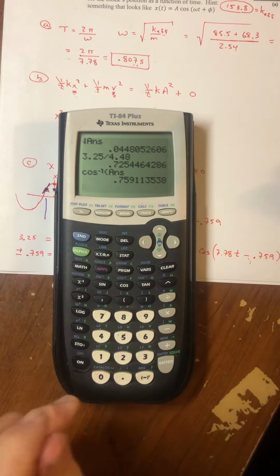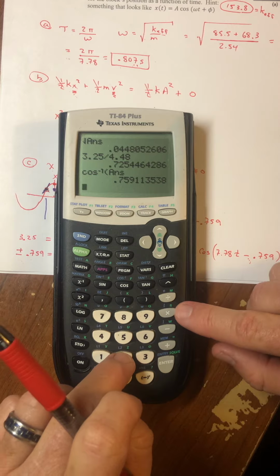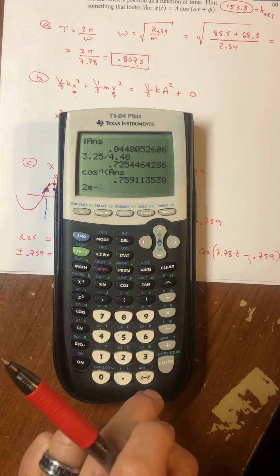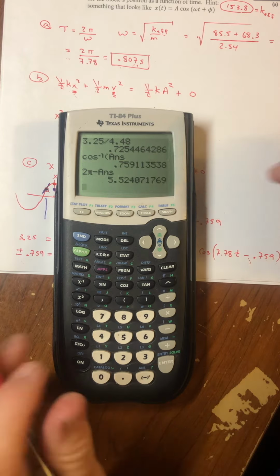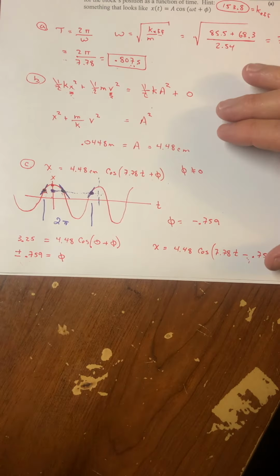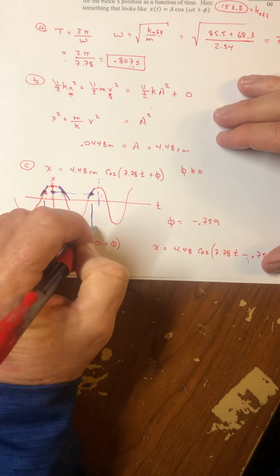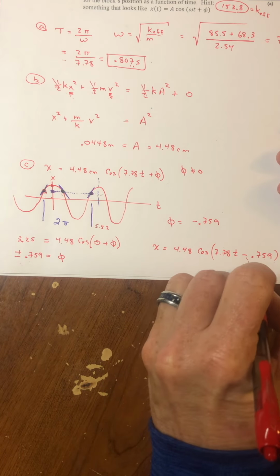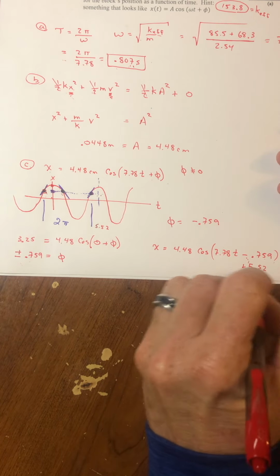Now, like I said, just out of curiosity, what if I go 2 pi minus the last answer? And that's 5.52. So you could use this one right here, 5.52. So if you wanted to say plus 5.52, that works too.